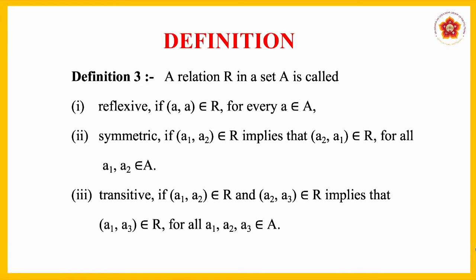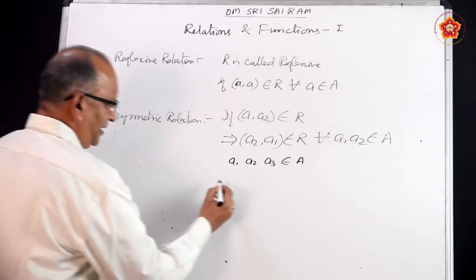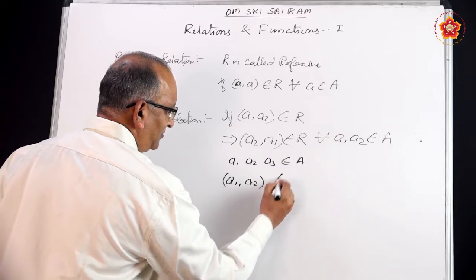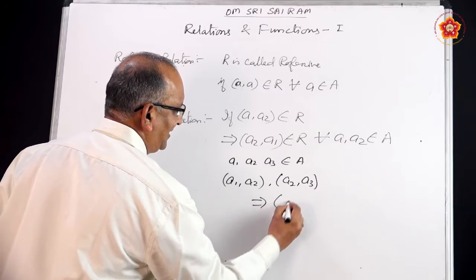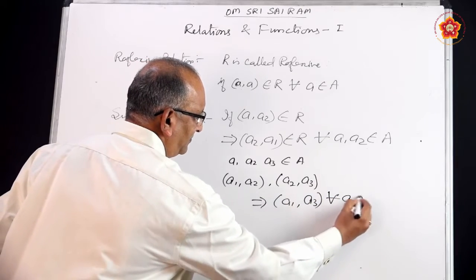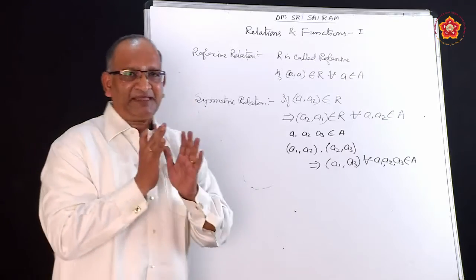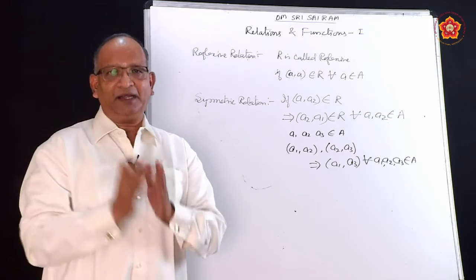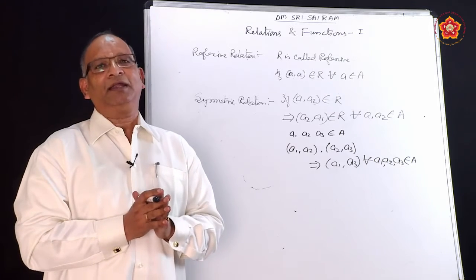So, suppose you have got three elements A1, A2, A3, all belonging to set A. In whatever way A1 is related to A2, which is the same way as A2 is related to A3, this implies that in the same manner A1 will be related to A3, for all A1, A2, A3 belonging to A. Whichever way the first element is related to the second element, and the second element is related to the third element, the same way the first element is related to the third element, and such relations are called transitive.